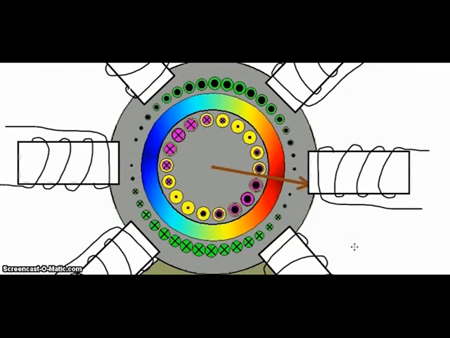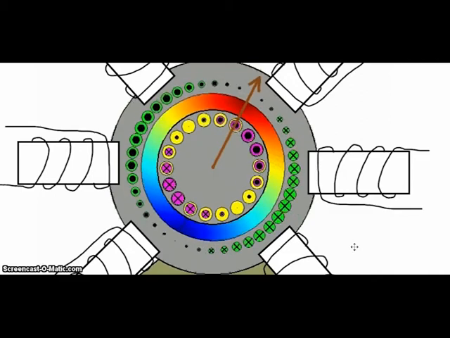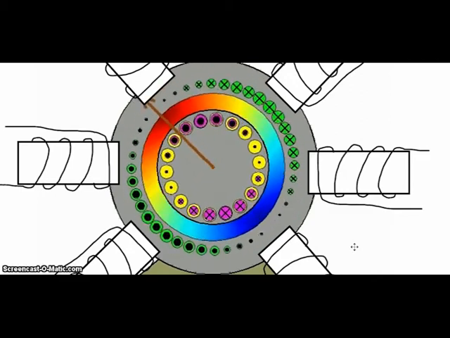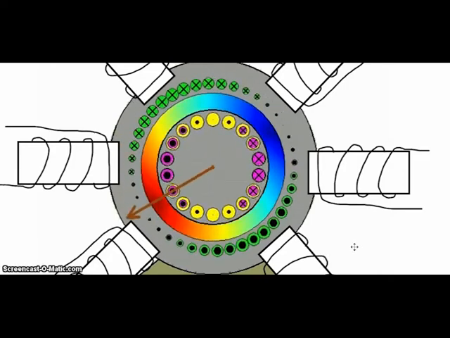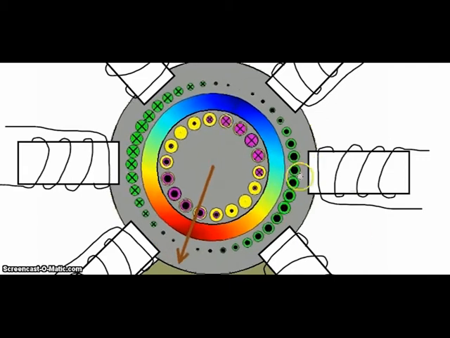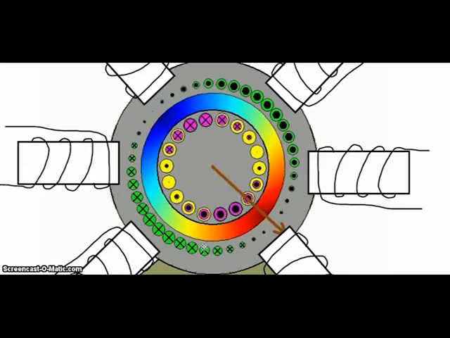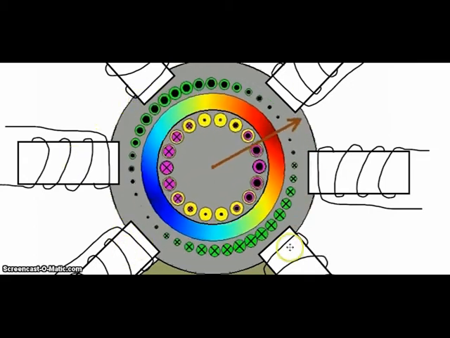Here is an animation I found, which sometimes helps and sometimes makes people cry. So let's run through it step by step. The little tiny dots on the outside here are the magnetic field created by these stationary solenoids.